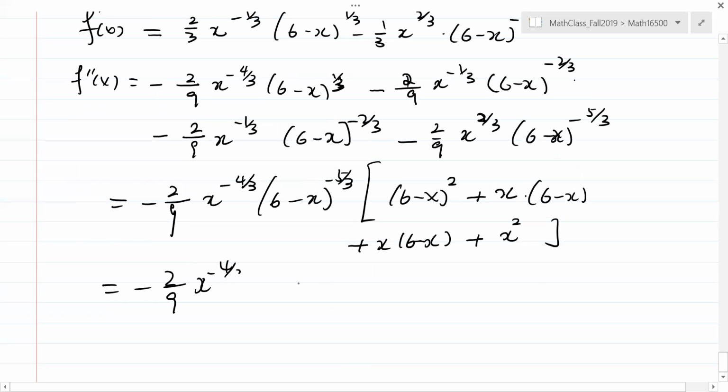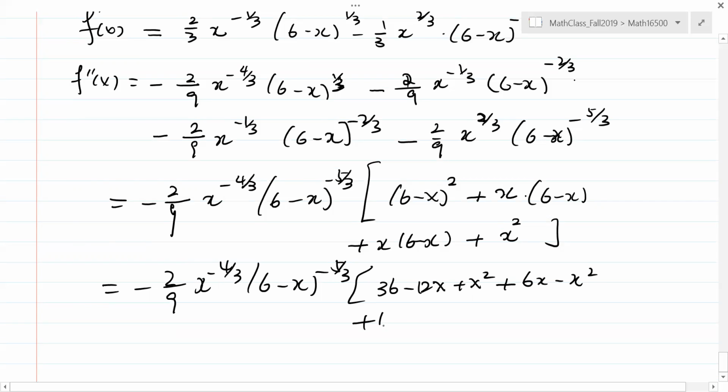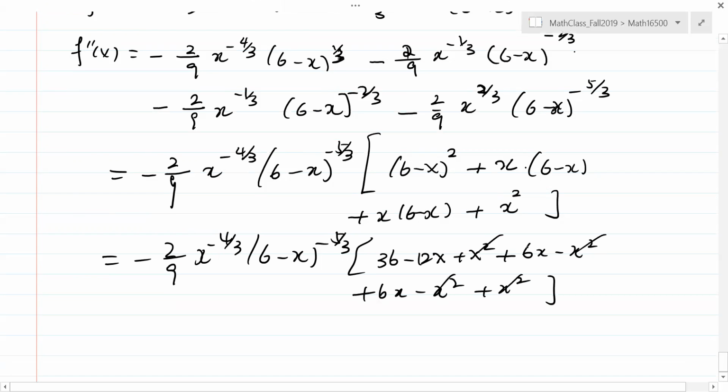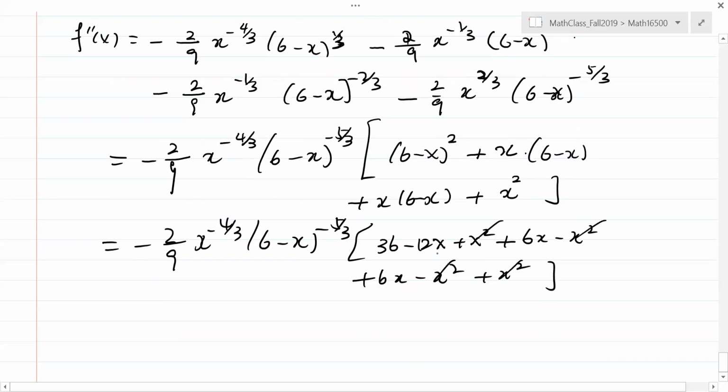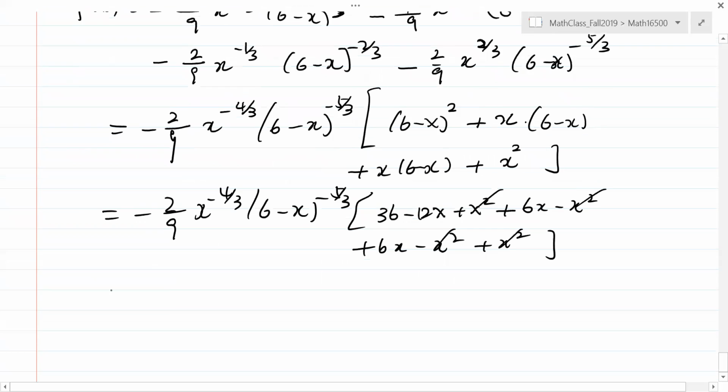If my computation is correct, I get 36 minus 12x plus x squared plus 6x minus x squared plus 6x minus x squared plus x squared. So x squared is all gone, and 12x is gone.